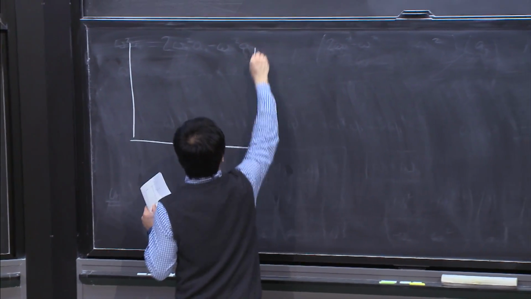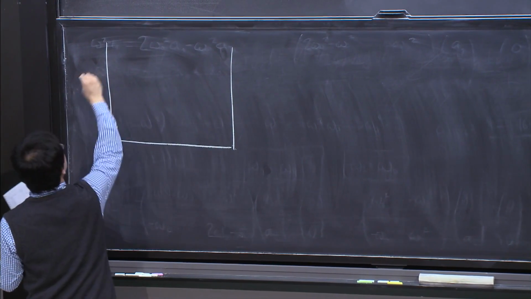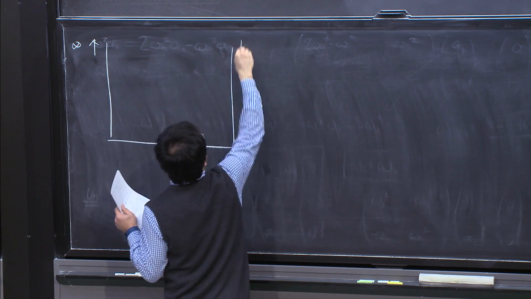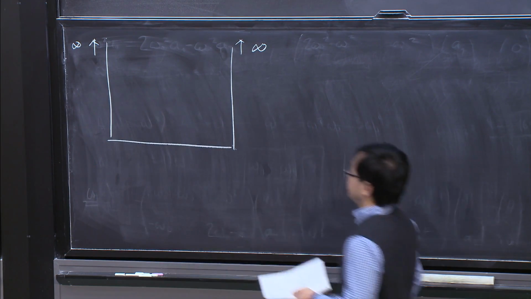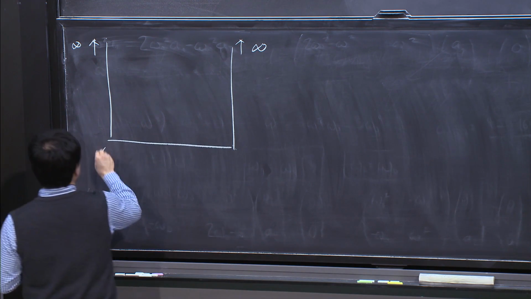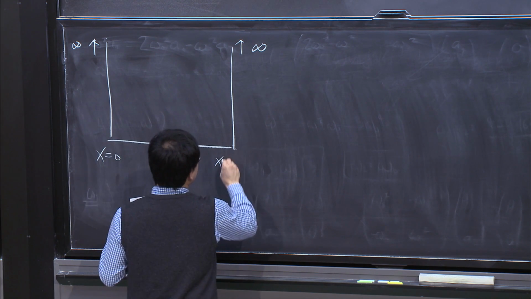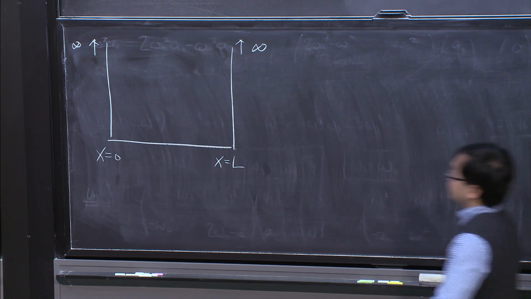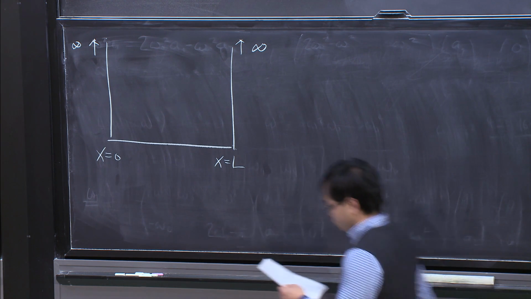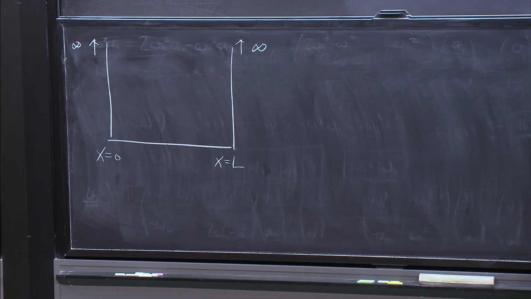Suppose I have an experiment with a well where the potential goes to infinity at the left-hand side and right-hand side edges of the well. I will define my coordinate system so that the well edges are at x equal to 0 and x equal to L. All right?